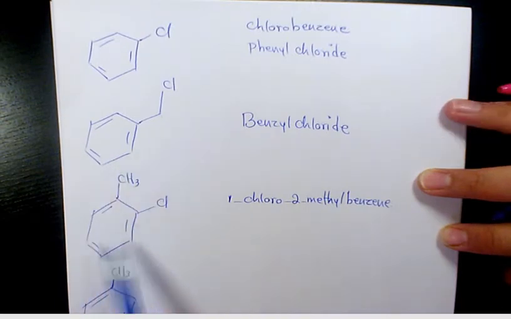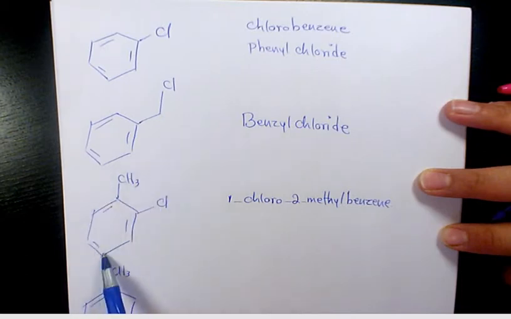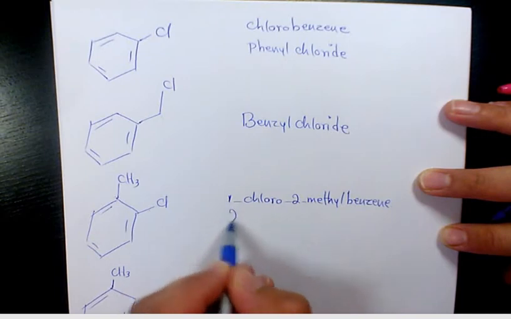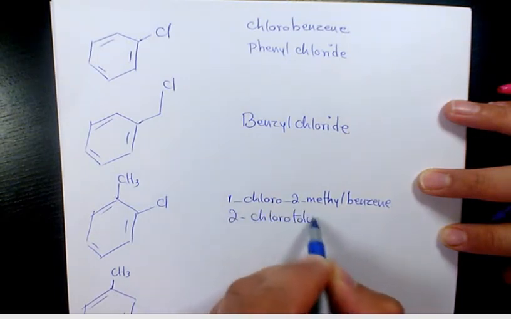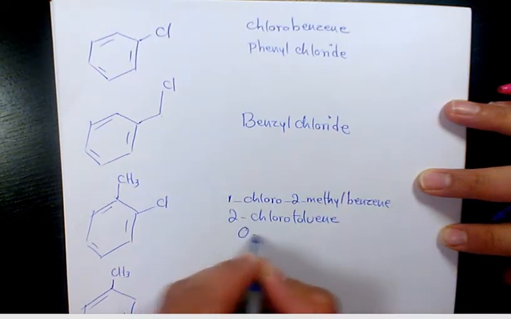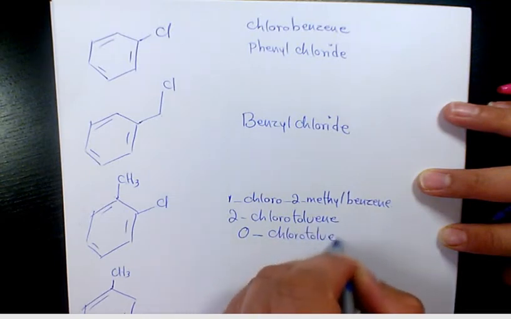You know, toluene is the benzene ring plus a methyl group. So if we call it toluene and this chloro connects to that, we're going to call it 2-chlorotoluene. Or you can call it o-chlorotoluene.